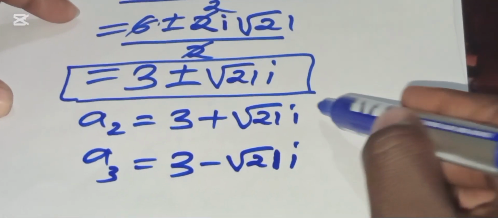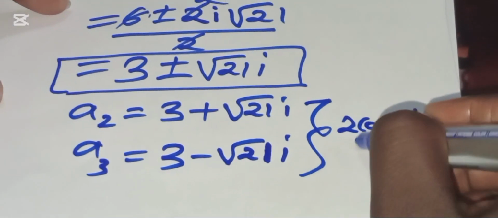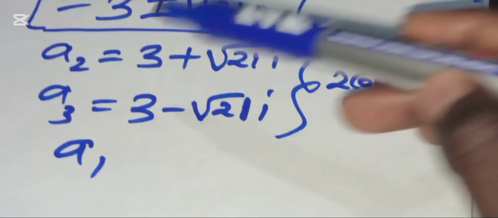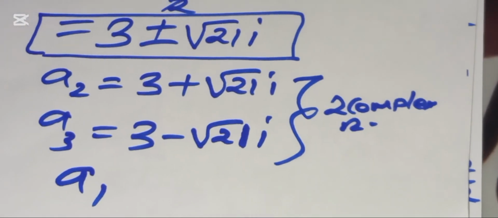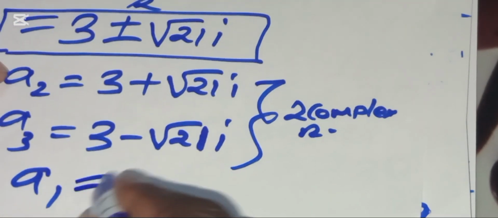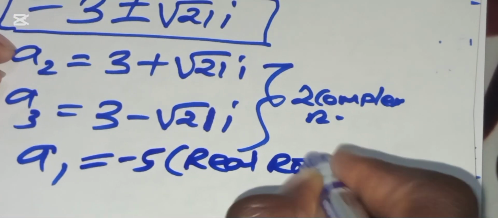Now these are the two complex roots, a2 and a3, and a1 is equal to negative 5, as you can see. This is a real root, right?